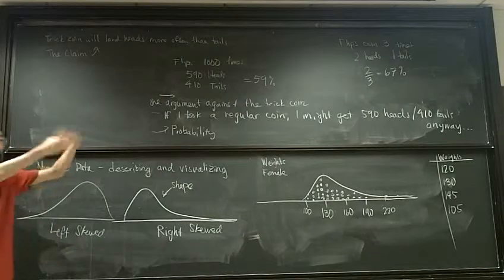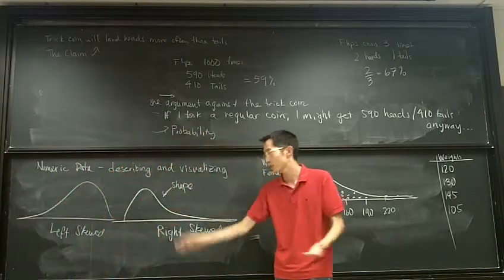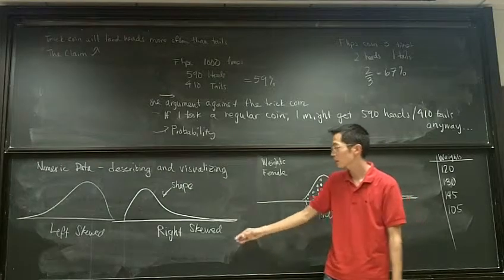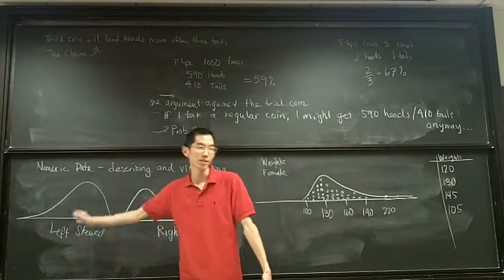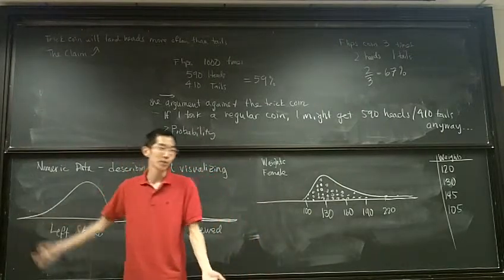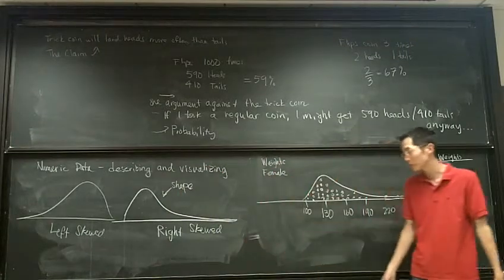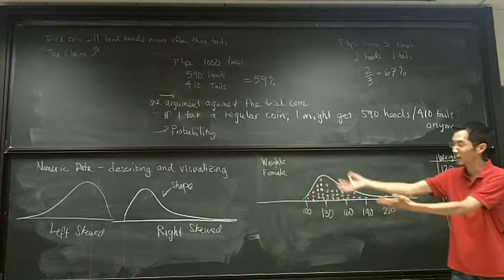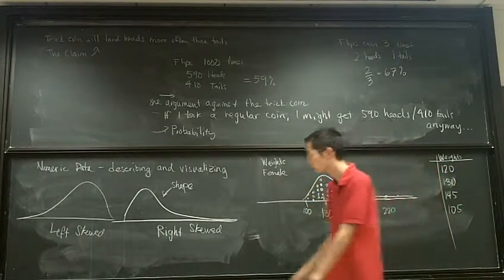You can't get over 110% or whatever. The maximum score is 100%. Most people will be between 60, 70, and 90 or something. But yeah, there will be some people on the low end, far below average, and that would be left skewed. Okay, so that kind of thing exists.